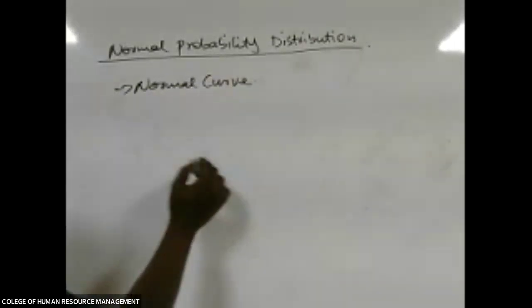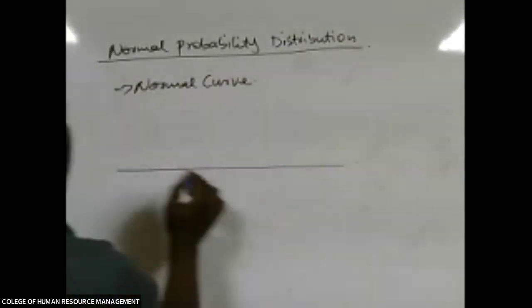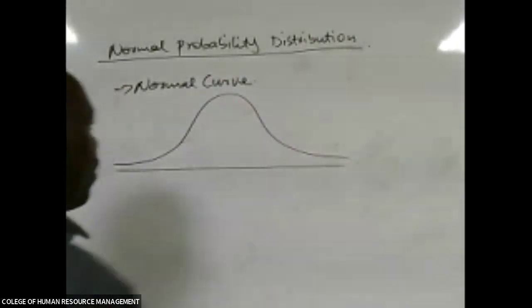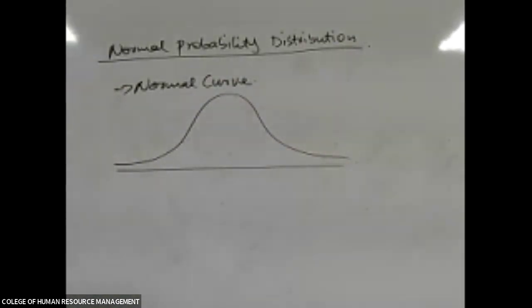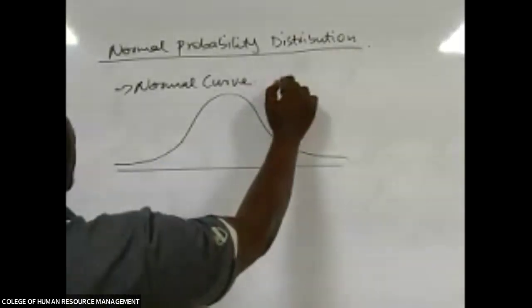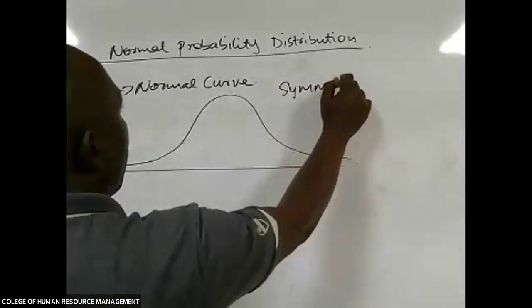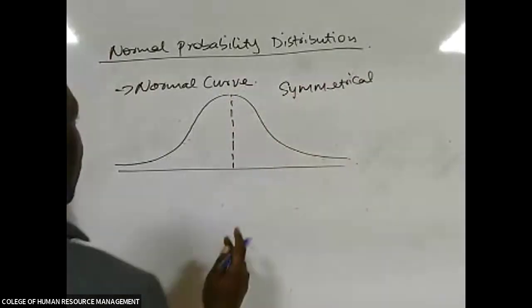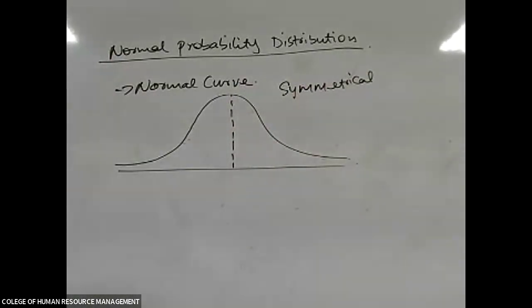When we talk about a normal curve or a normal distribution, it is a distribution that has got that shape. That is a normal distribution curve. It is going to be symmetrical, meaning that if we cut it here to the center, we have got two equal halves.